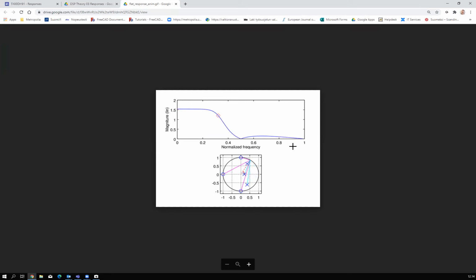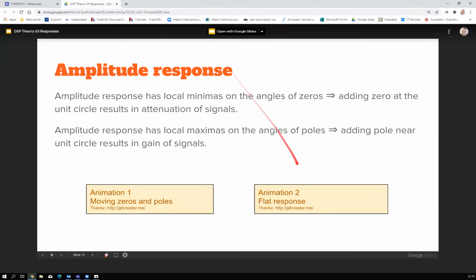You can do a flat passband response for an analog filter using the Butterworth approximation, but then you would have some trouble of having those zeros on the S-plane imaginary axis, which means that you would have an RL path there without any resistance. Okay, so let's go forward.